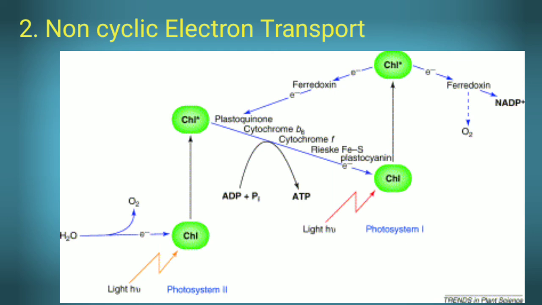So in this whole process very high energy electron transport takes place from one electron acceptor to another, and this non-cyclic photophosphorylation process takes place in all the higher plants, and in that way we get the light reaction completed in the thylakoid of the chloroplast.